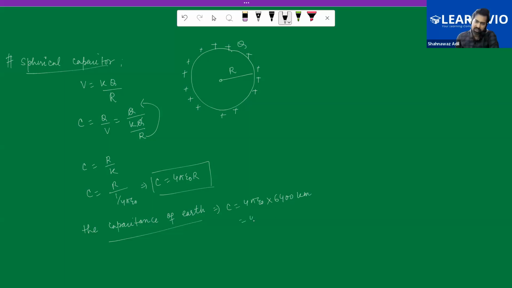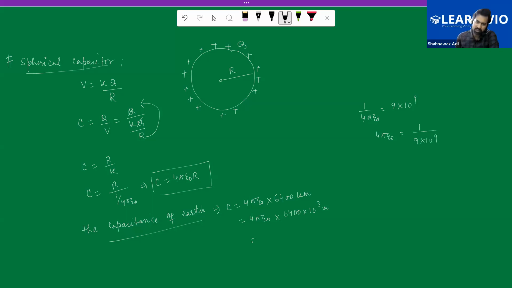So 6400 kilometers is 6400 into 10 to the power 3 meters. And we know that 1 by 4 pi epsilon naught is 9 into 10 to the power 9. So 4 pi epsilon naught is simply 1 by 9 into 10 to the power 9.